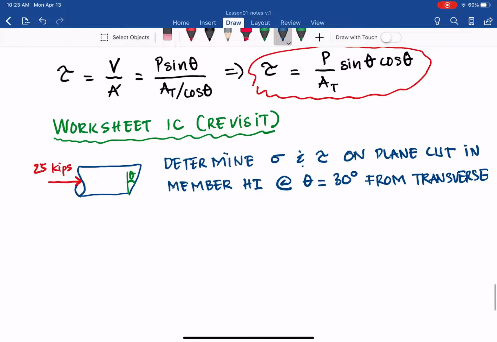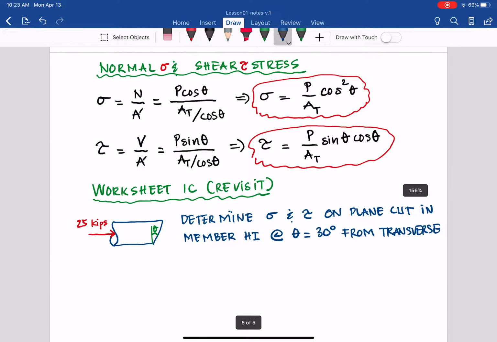So from that, we can apply the two equations above immediately.